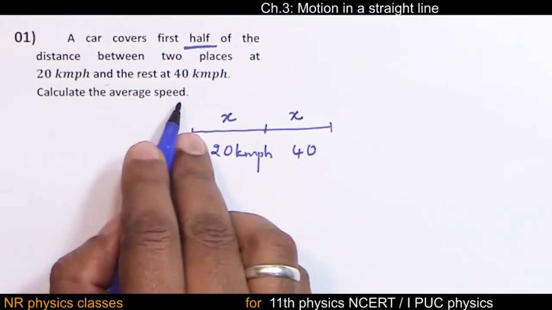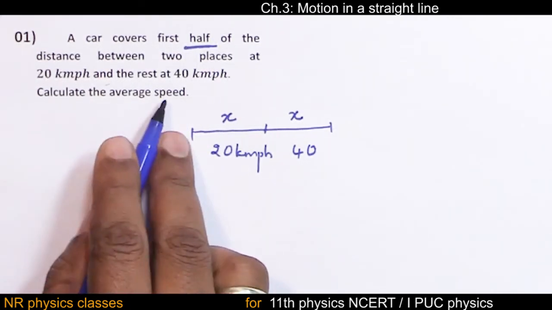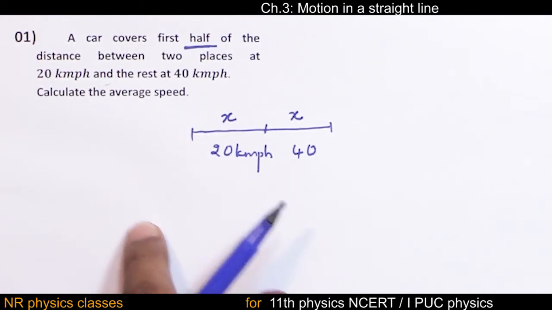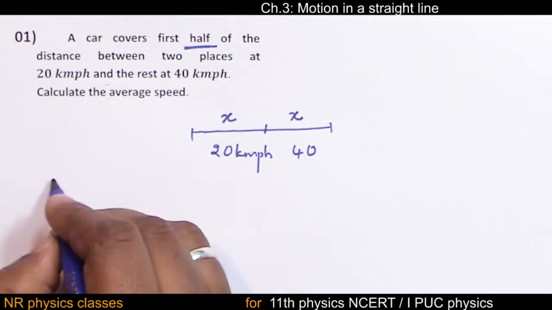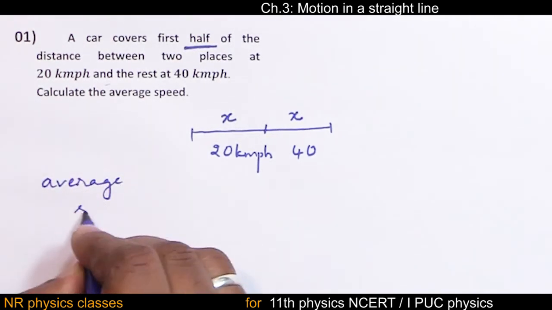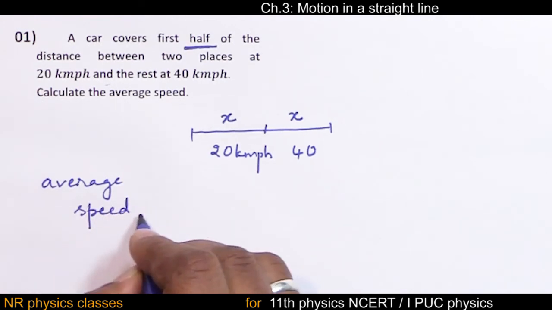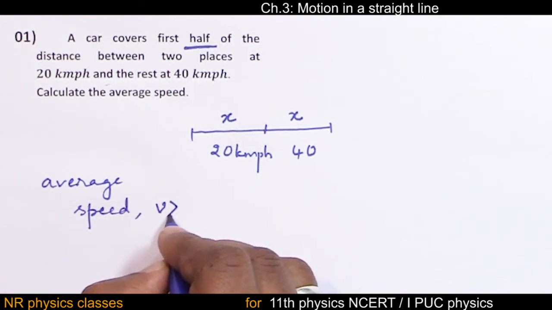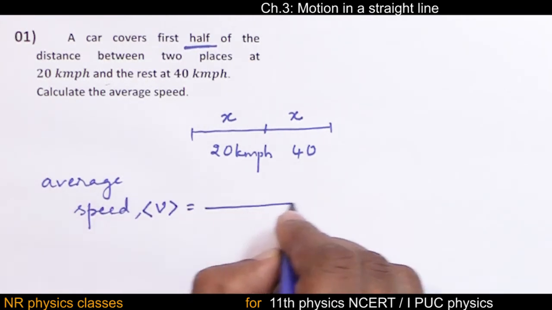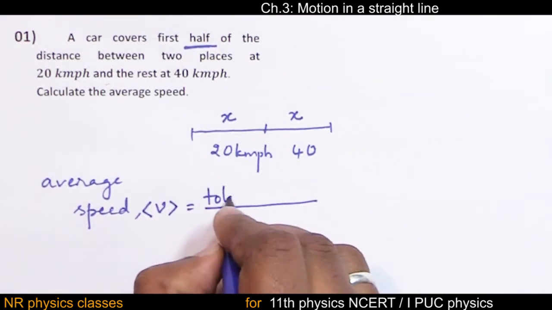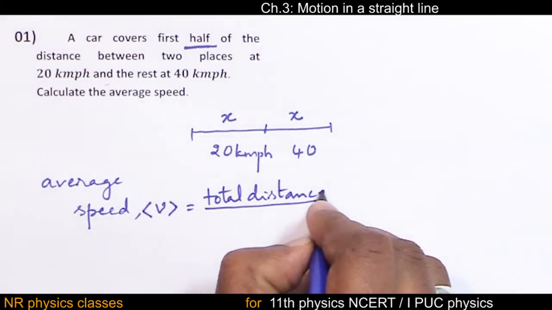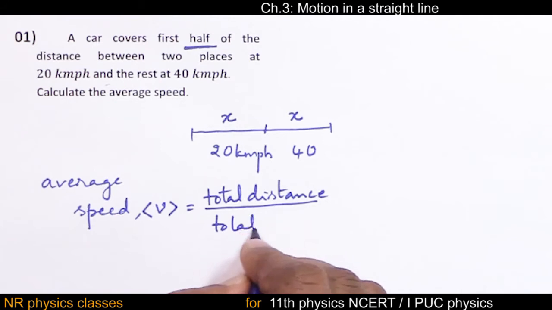Calculate the average speed. Don't forget to write the formula; without the formula, if you solve the problem, you lose marks. Average speed, denoted by v average using angular brackets, equals total distance by total time taken.